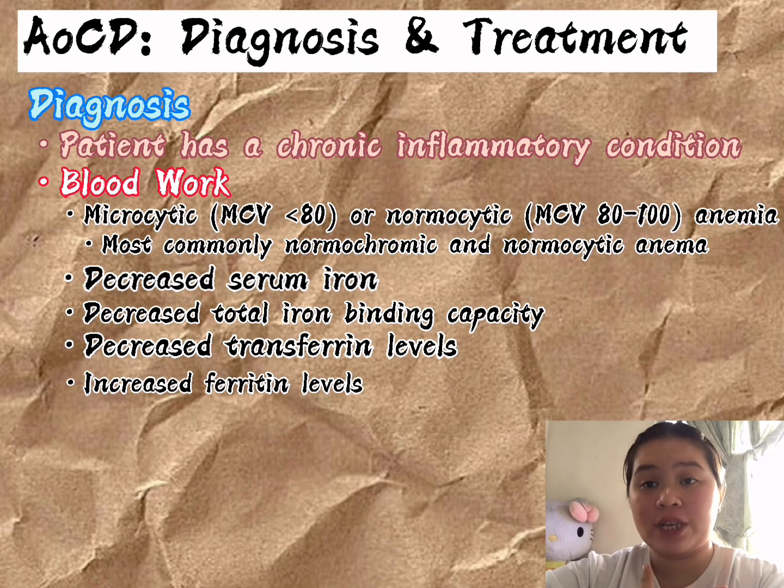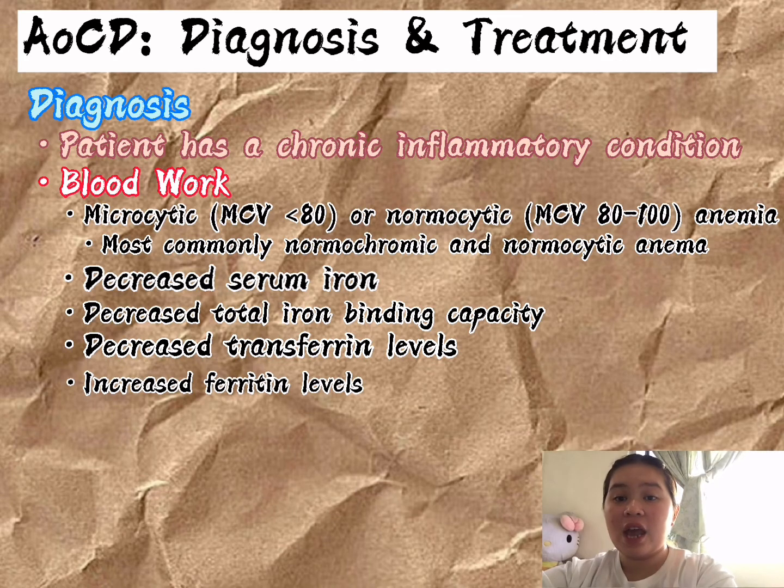Oftentimes, we're going to see normal red cell distribution width. Anemia of chronic disease can sometimes be difficult to differentiate from iron deficiency anemia, but looking at some of these findings, we can distinguish between them.